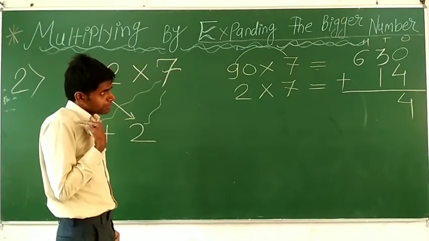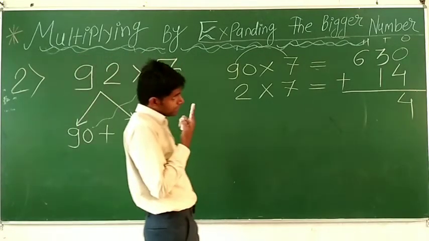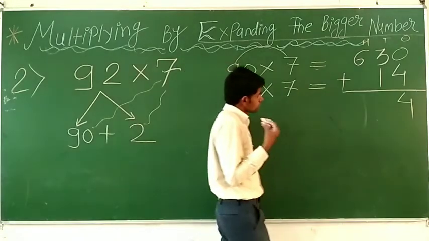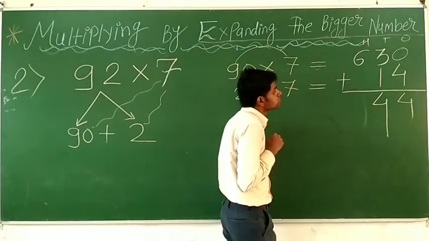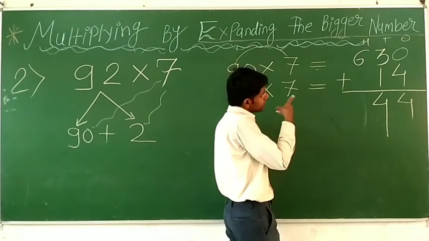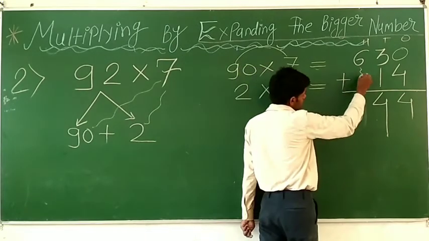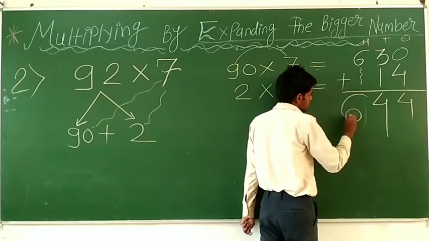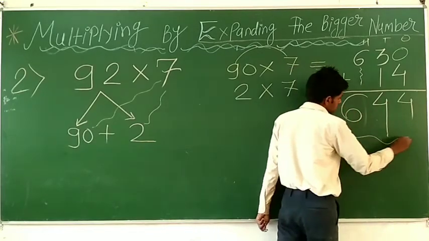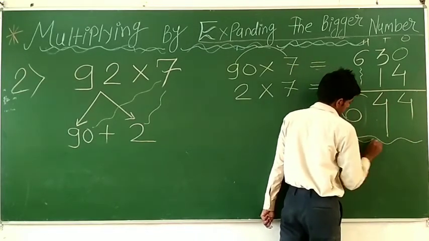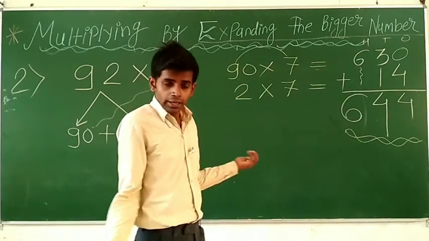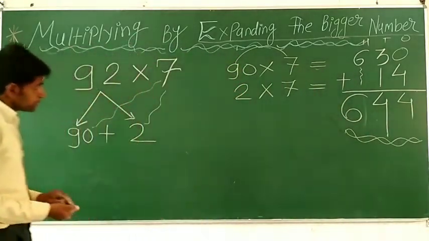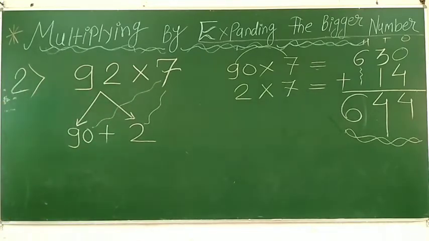So 3 is on the tens place and 1 is also in the tens place. So we will add them. So 3 plus 1 is also 4. Then this 6 will come as it is. The answer is 644. Understood? I hope you understood how to find the product by expanding the bigger number.